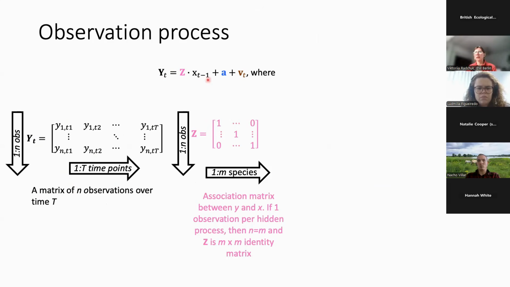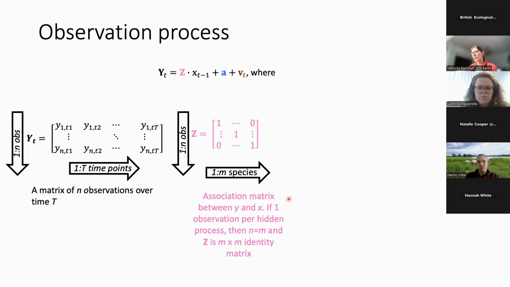Now, again, we have x_{t-1} as a vector that we specify only for the very first initial values, to get the model started. And Z is an association matrix that describes how to map X on Y, so how to map our species or our true process on our observation process.